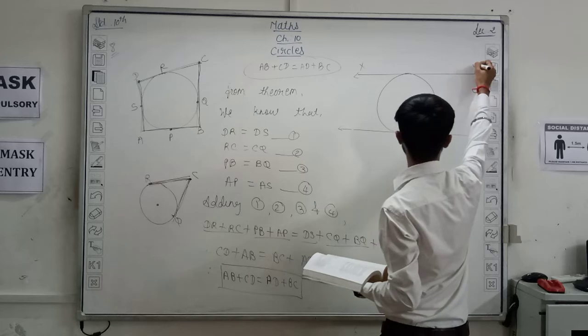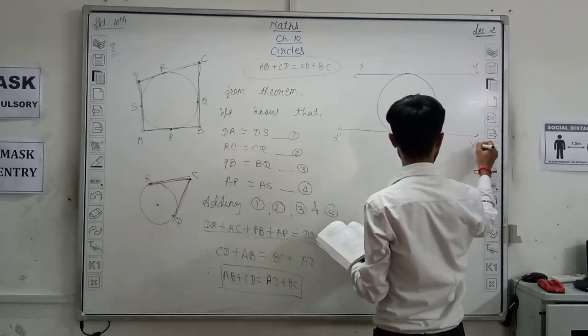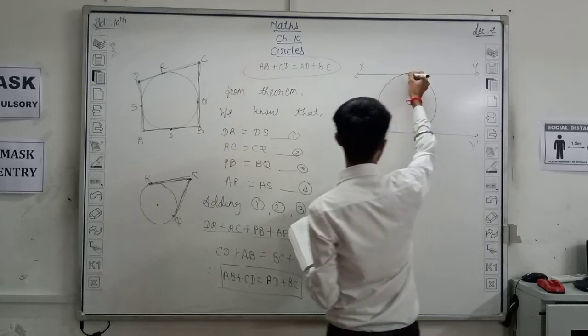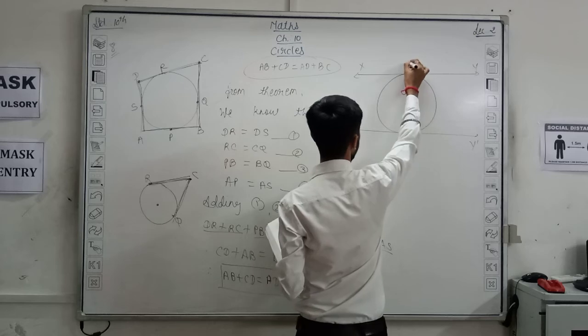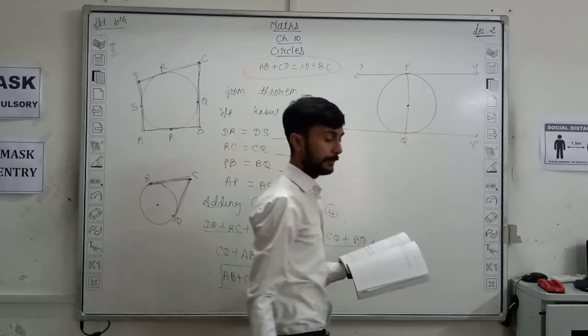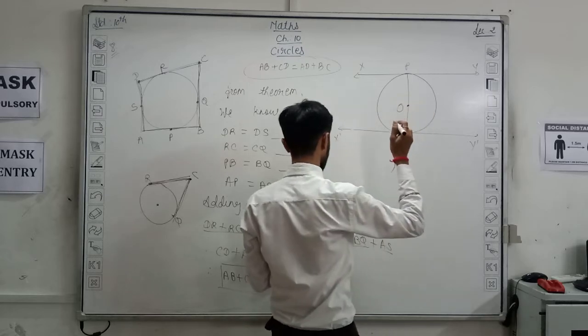This XY and X'Y', and this is PQ. PQ is a diameter, right, which passes through center O.